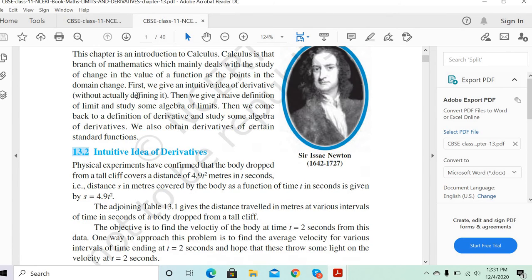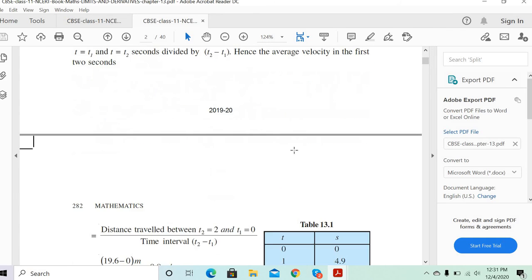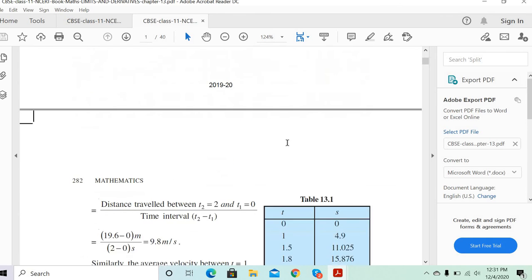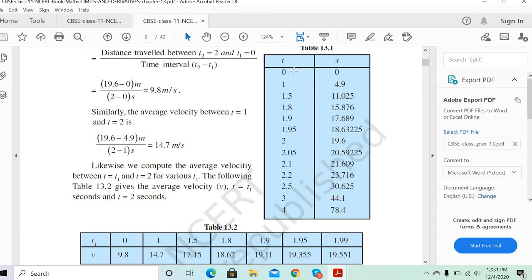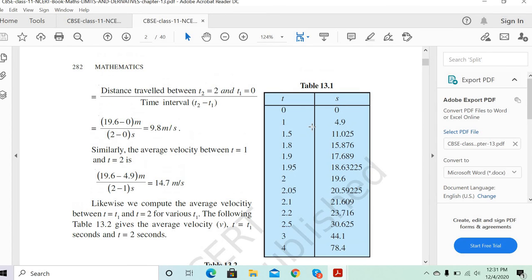So what is the idea of limits and derivatives? Let's try to understand this part. We have the table. Let's understand the table first, 13.1. Go through this table now. It's just a distance and time table. Distance covered within a certain time interval.